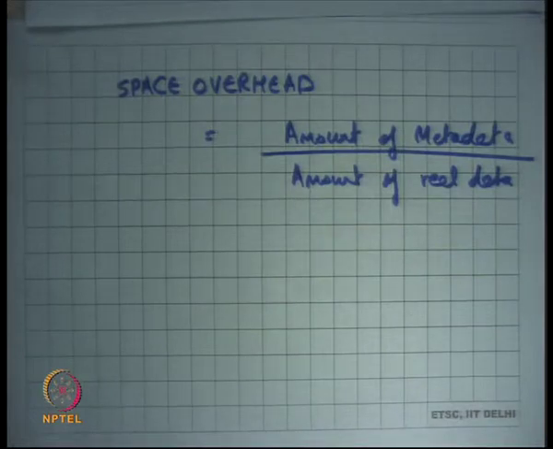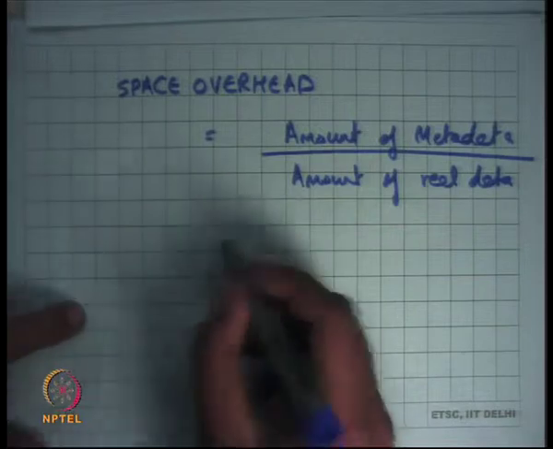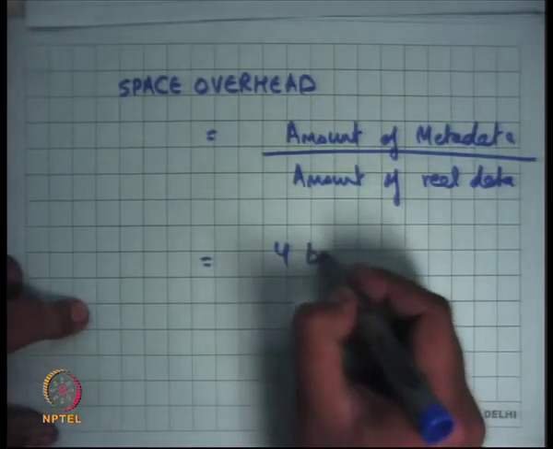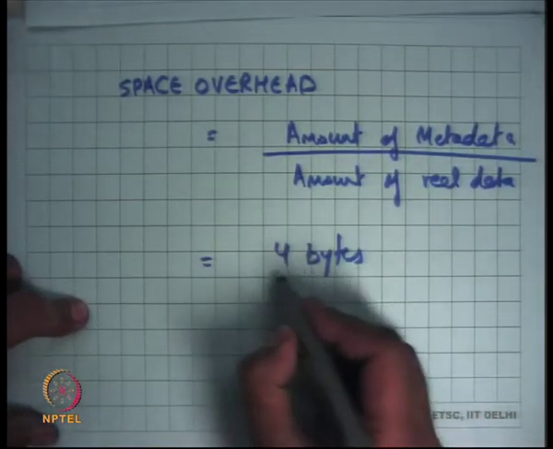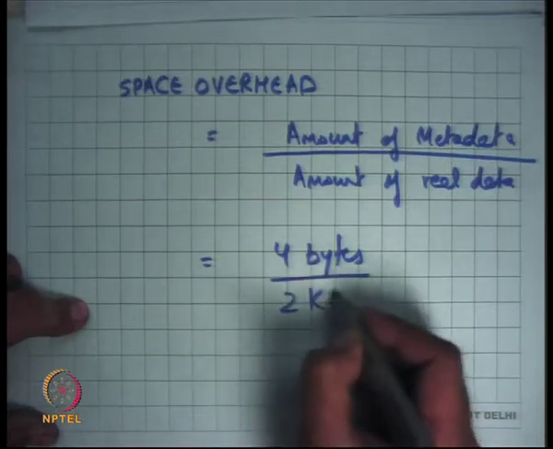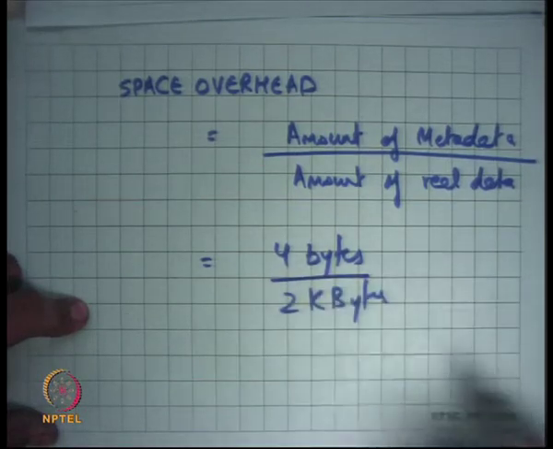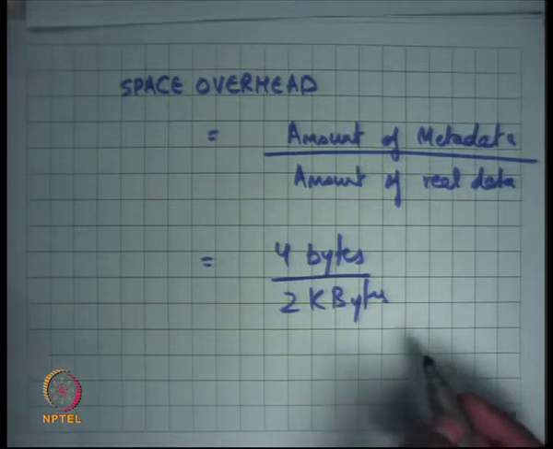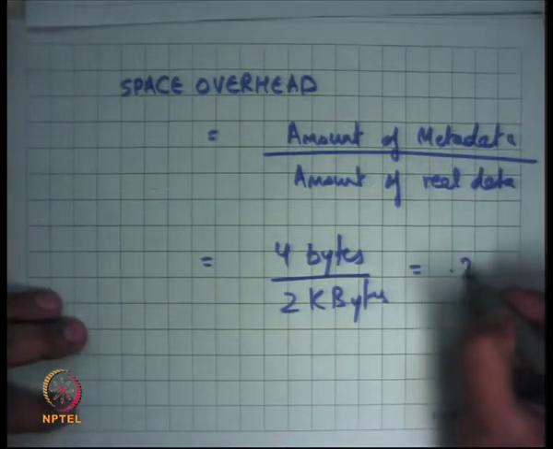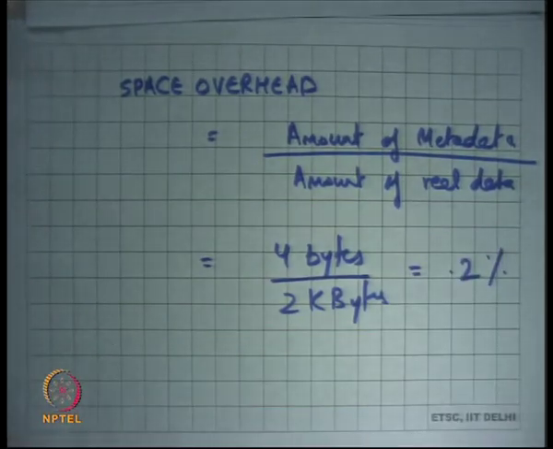I'm storing, let's say, 4 bytes per 2 kilobytes. If I'm using a 2 kilobyte block, then that's roughly 0.2%. So that's not too bad. That's the space overhead of this file system. Okay. What about reliability?